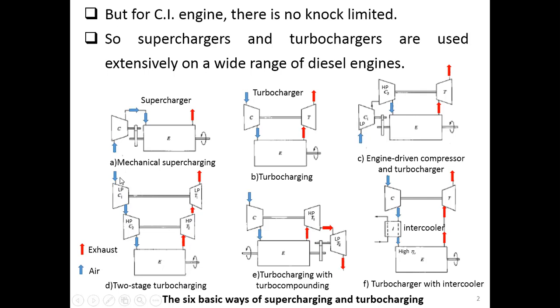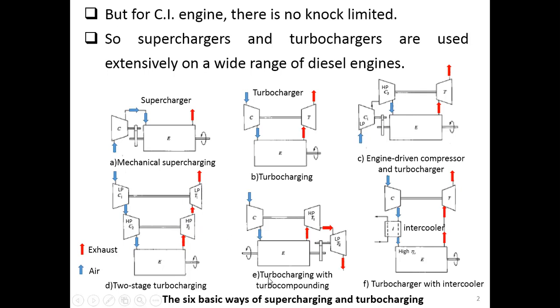So the air is compressed twice, and at the same time the exhaust is expanded twice, first in the high pressure turbine and second in the low pressure turbine.